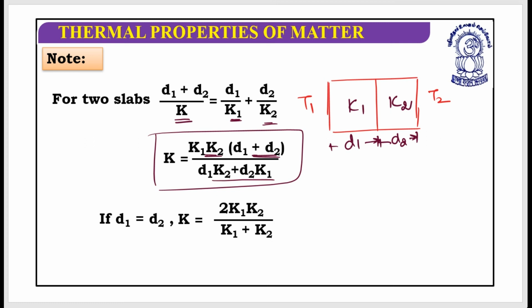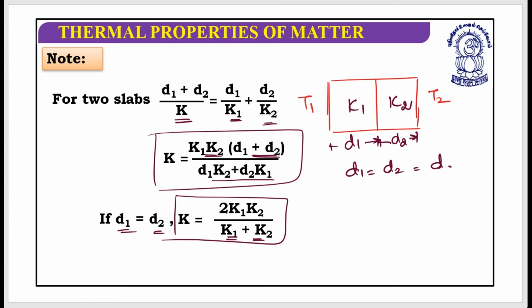Now if the situation is that D1 is equal to D2 is equal to D, if their lengths are equal, then K is equal to 2 K1 K2 divided by K1 plus K2. Please do remember this relation, because it is going to help us many times.